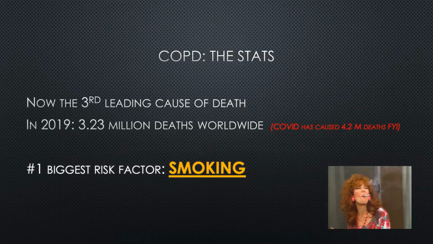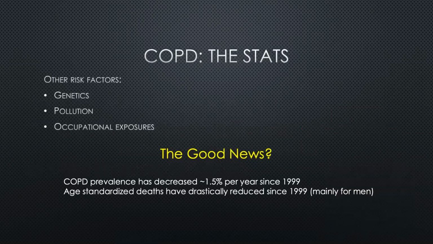And just FYI, COVID had 4.2 million deaths. The number one biggest risk factor is smoking. Other risk factors include genetics, so patients who have alpha-1 antitrypsin deficiency, patients who have occupational exposures if they work in certain environments, and also patients who live in high pollution areas.